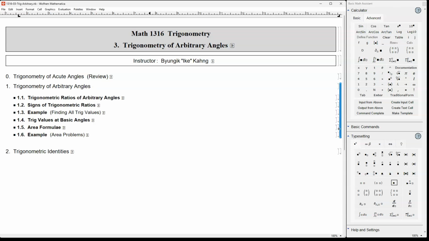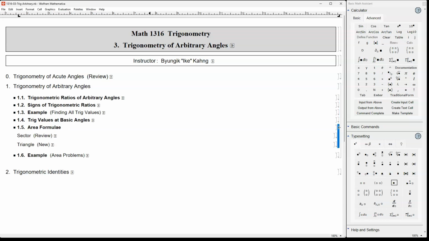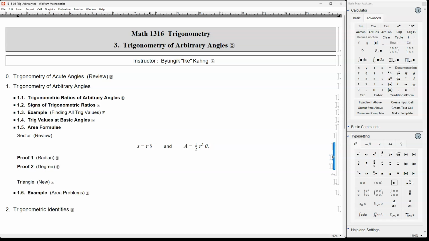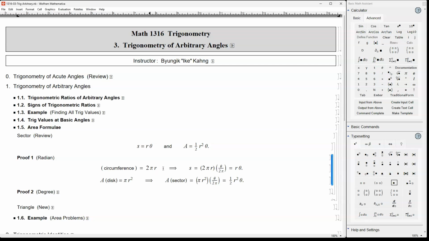I made a little bit of change here in 1.5 area formulae. So let's review area formulas for sectors in terms of radian measure and degree measure. So for radian measure, we can do it like this. Entire circumference is 2 pi r.